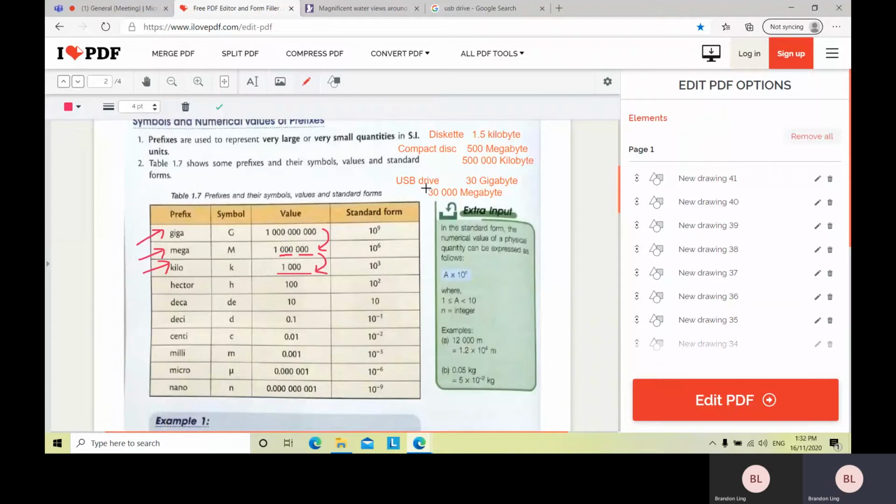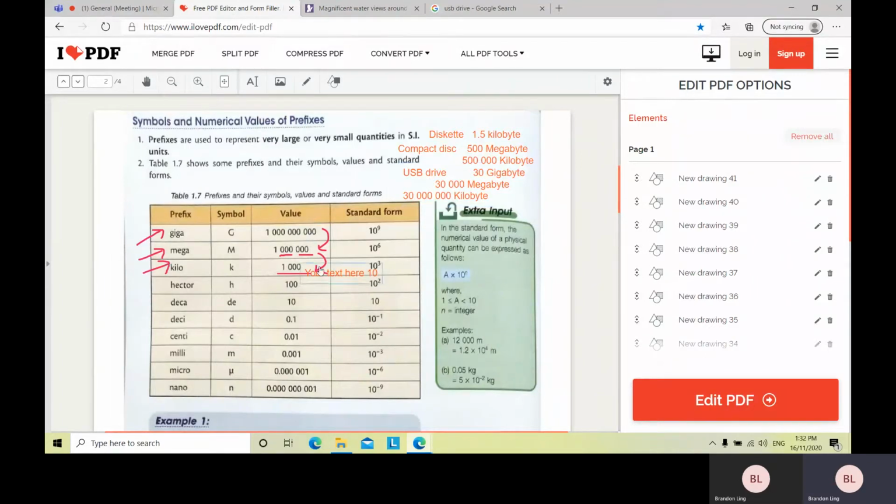So for this USB drive, the capacity is actually 30 million kilobytes. This shows how much our technology has advanced over the past 2 or 3 decades: from only 1.5 kilobytes up to 30 million kilobytes using our USB drive.